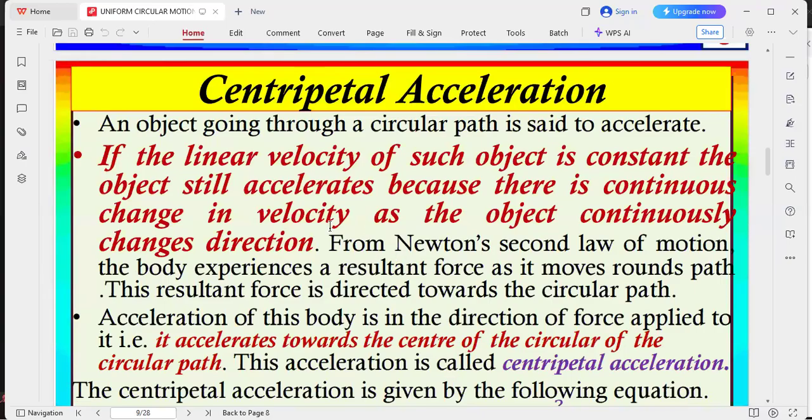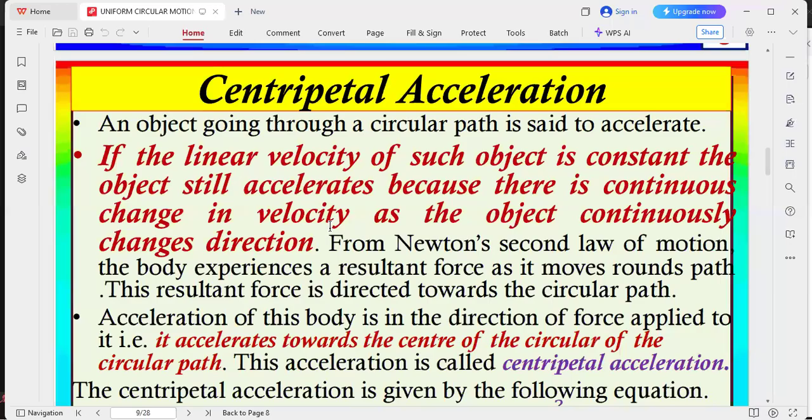Centripetal acceleration. Before we discuss this acceleration, you need to know that a body in circular motion literally does not accelerate in speed. It moves with uniform linear velocity. V is always constant. As the moon goes around the earth, it moves with a uniform velocity.